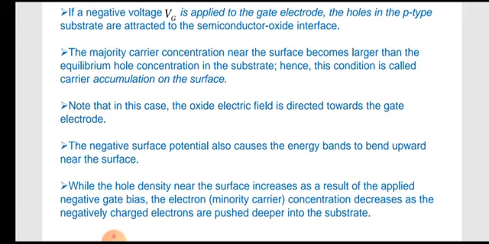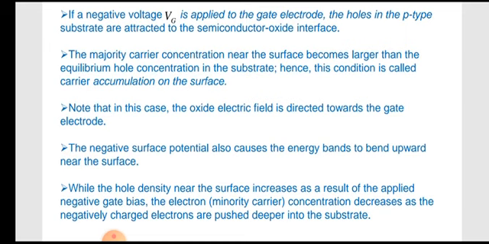Hence, this condition is called the carrier accumulation on the surface. Note that in this case the oxide electric field is directed towards the gate electrode, as we have shown in the diagram.